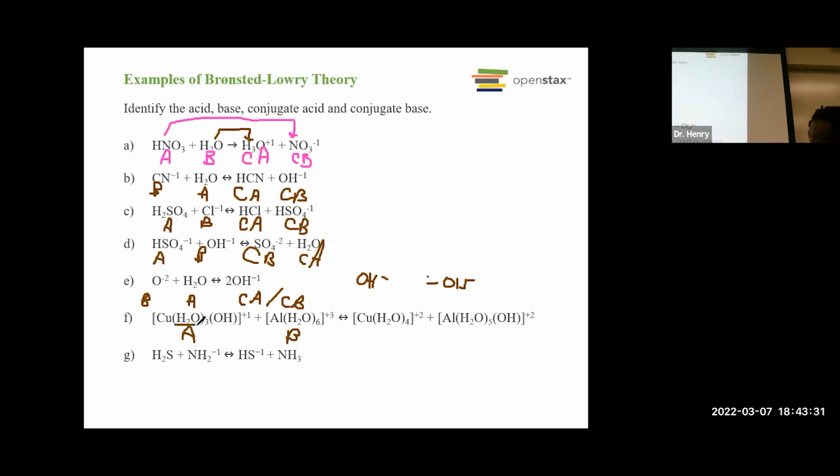We have 3, and then there's an OH, and then we're going literally from a +1 to a +2. What's happening in this case? It's accepting a proton. So is this really an acid? It's a base. This one is tricky.